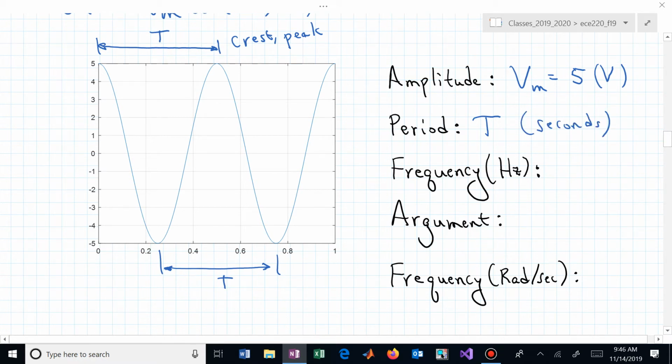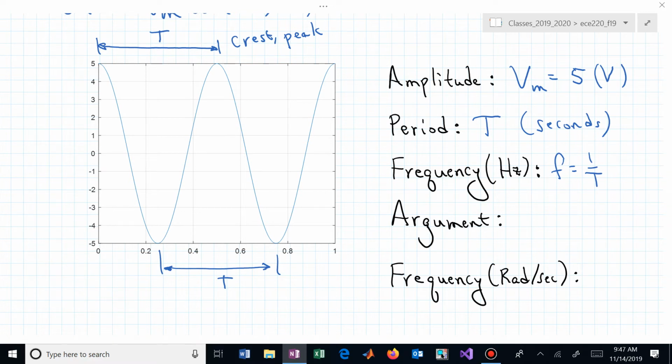And now if I handed you a sinusoid, you could quickly find those two pieces of information, the amplitude and the period of that sinusoid. But once you have the period, now you can back out the frequency. The frequency in hertz, or cycles per second, is 1 over T. How many cycles does that waveform go through in 1 second?